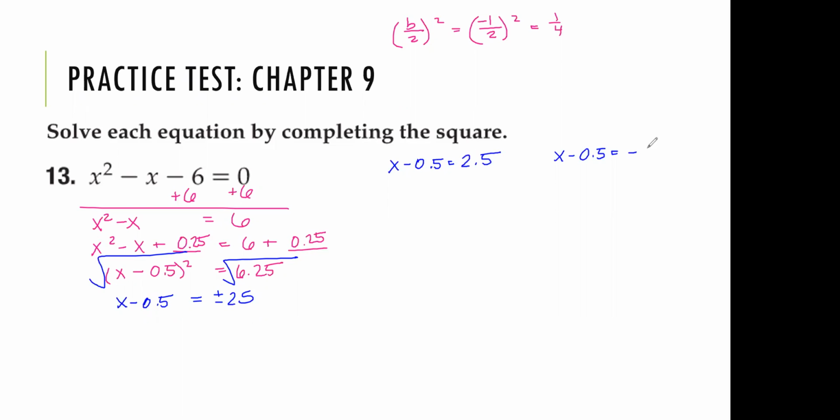Sorry about that. So it's either going to be x minus 5/10 equals 2.5 or x minus 5/10 equals negative 2.5.